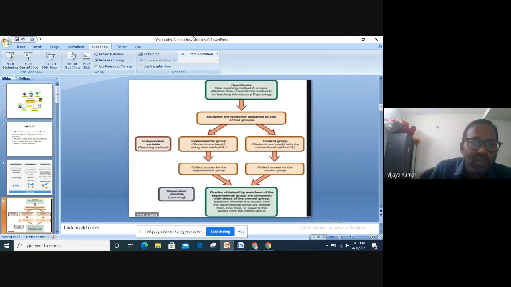Yes. So we all start with a clear hypothesis. And hypothesis is you have now method A, which is already there, and you have method B. Now you are going to do intervention research or scientific research or an experiment.